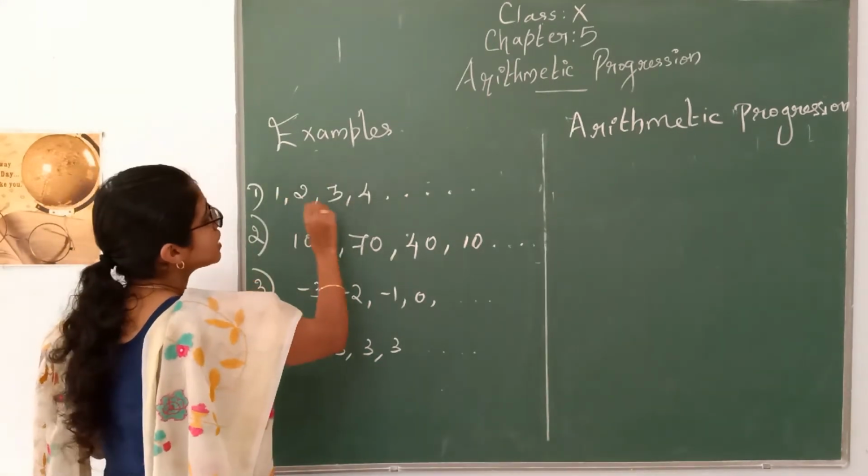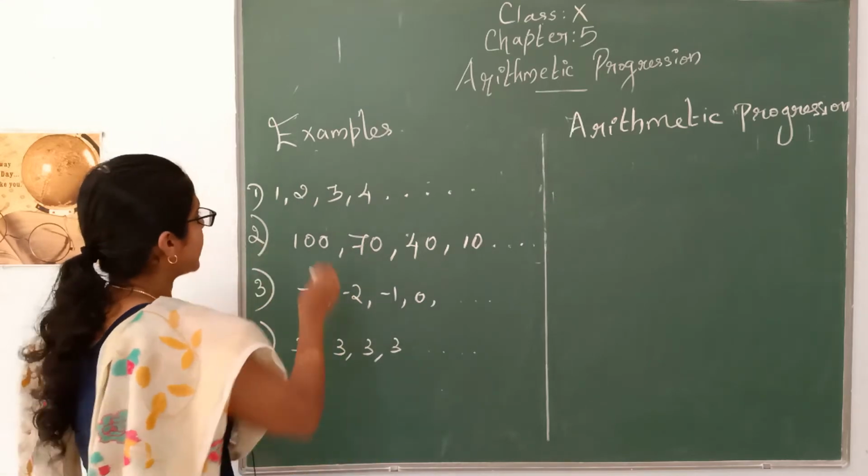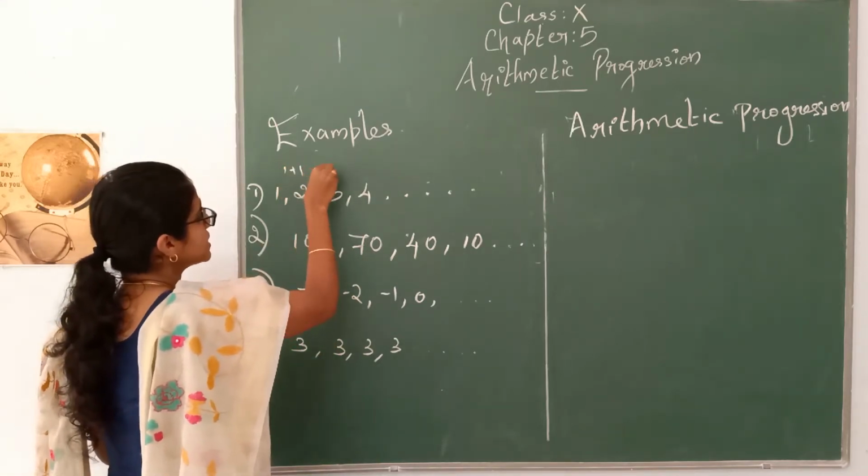Here 1, 2, 3, 4, etc. is obtained by adding 1 to each term.